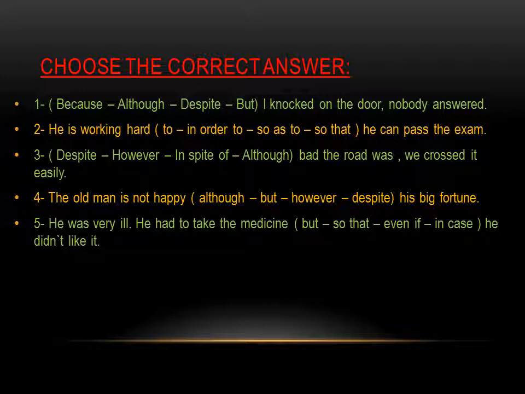Take care, choosing is a little important. Before answering the sentence, you should know what kind of linking words you need in the sentence. Is the sentence contrast? Purpose? Addition? Cause?